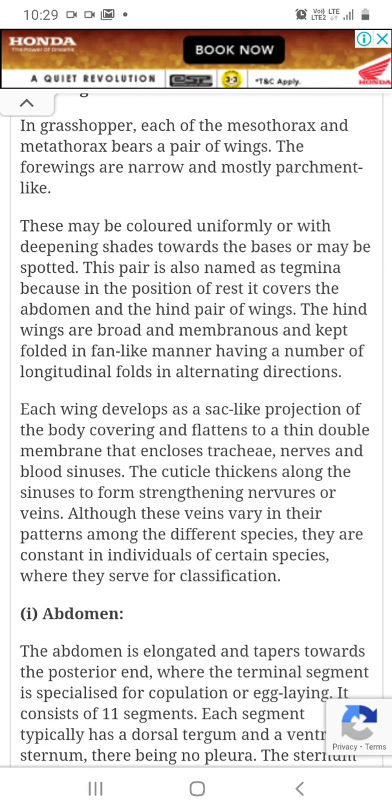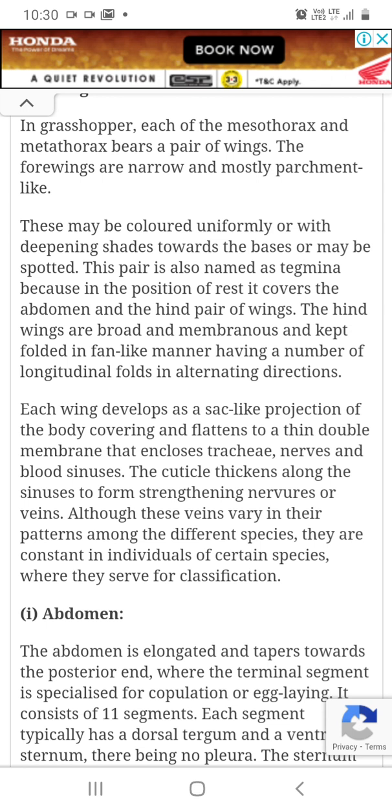Although these veins vary in their pattern among different species, they are constant in individuals of certain species, where they serve for classification.